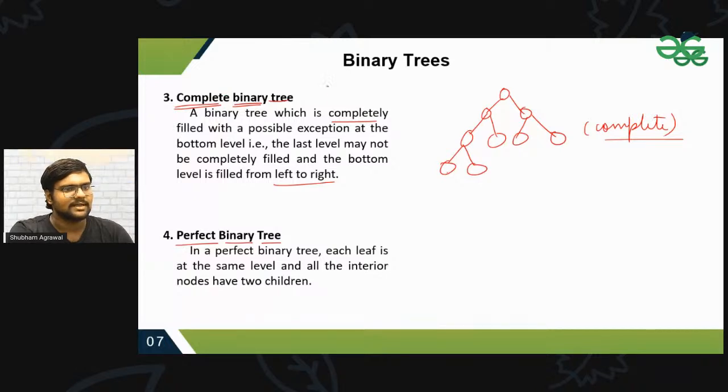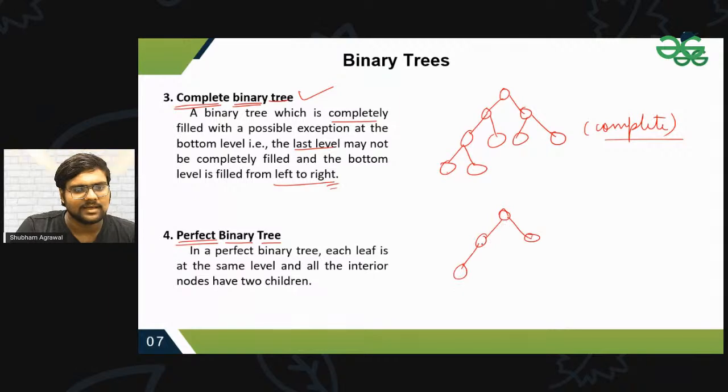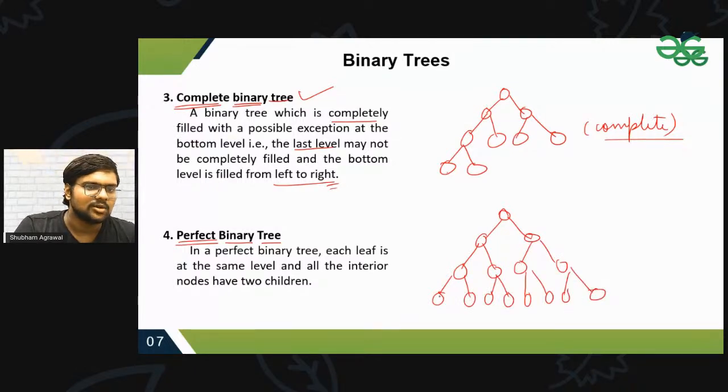A complete binary tree means the last level may or may not be filled, but the bottom level is filled from left to right. And in a perfect binary tree, the last level should be full. This is an example of a perfect binary tree in which each level has full nodes, and the last level is also full.